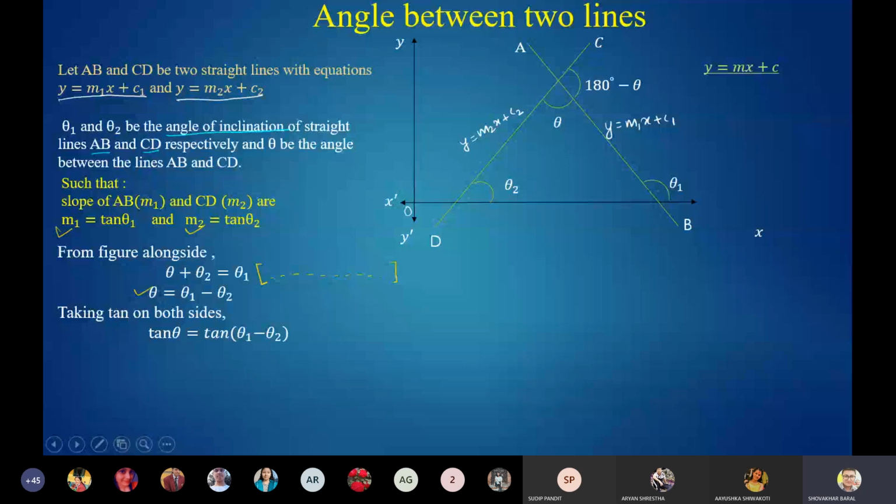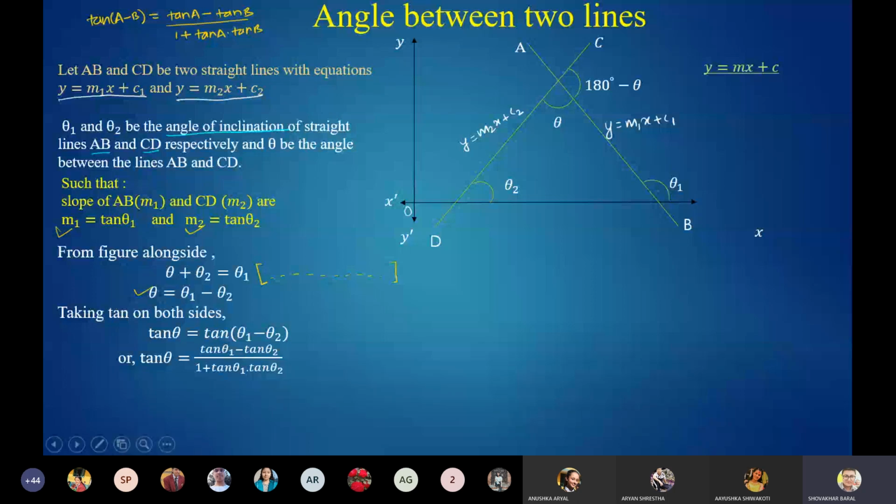Who will tell me the formula of tan A minus B? Is there anyone who can tell me the formula of tan A minus B? Tan A minus tan B by 1 plus tan A tan B. Very good. Tan A minus tan B divided by 1 plus tan A times tan B. So let's use this formula. It will be tan theta equals tan theta 1 minus tan theta 2 upon 1 plus tan theta 1 into tan theta 2.